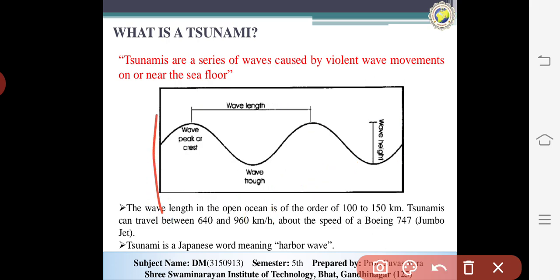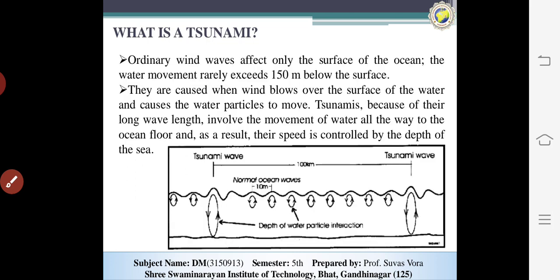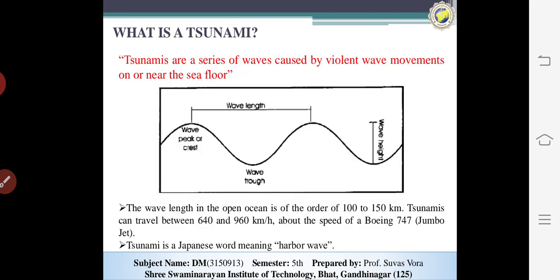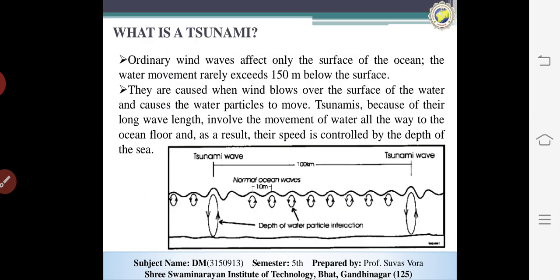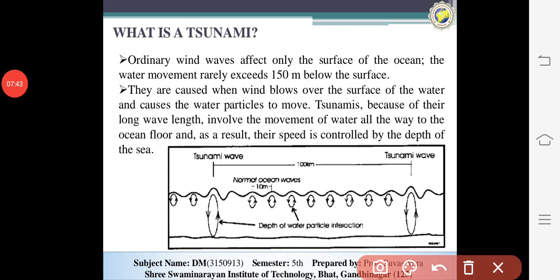If I consider the long wave, it involves the movement of water all the way to the ocean floor, and as a result their speed is controlled by the depth of the ocean. So we can say that the wave speed depends on the depth of the ocean. Here in this figure you can see that the depth of the water particles depends on the surface of the oceans and the high peak of the waves.